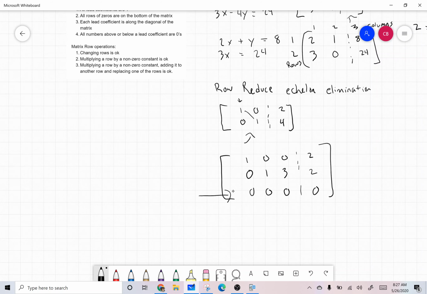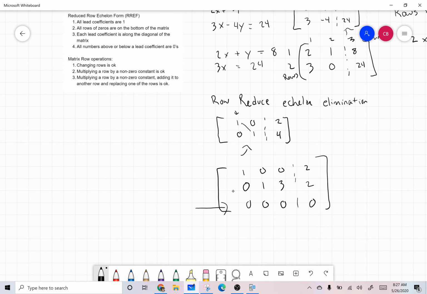This is the rule too. So if you get a row of zeros, that can happen. This is still our row-reduced echelon form because all lead coefficients are in this diagonal, which means just the first one. And then all numbers that are 0, below and above, would be right here, and so on and so forth.